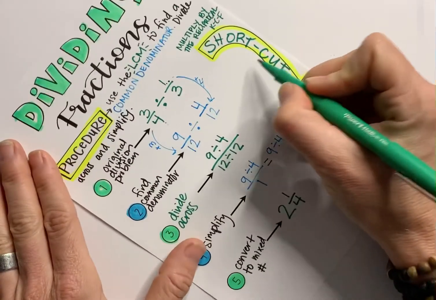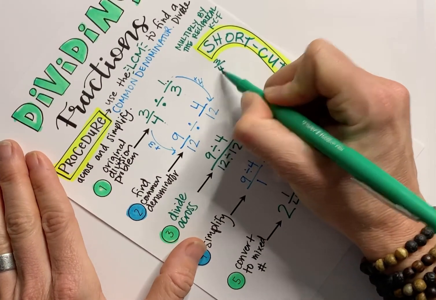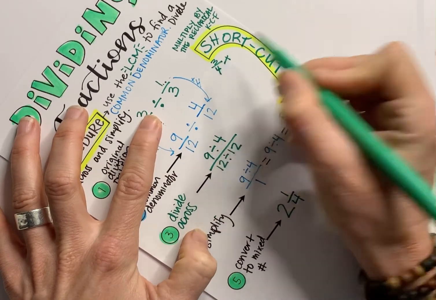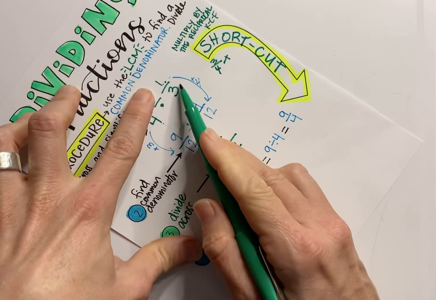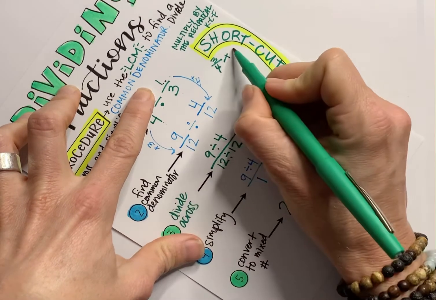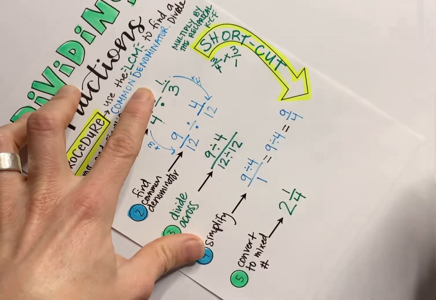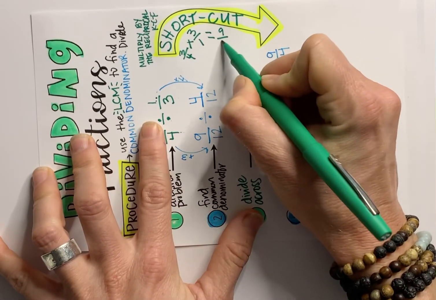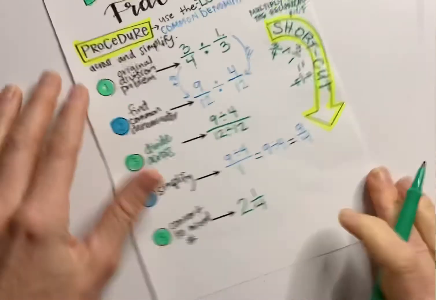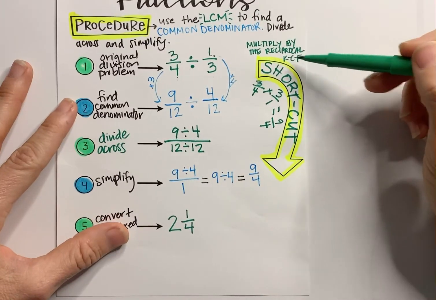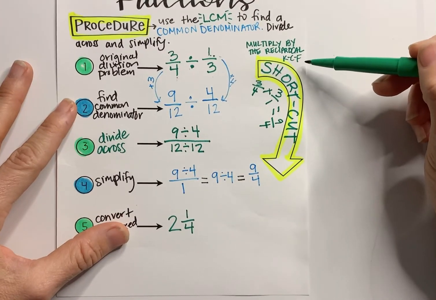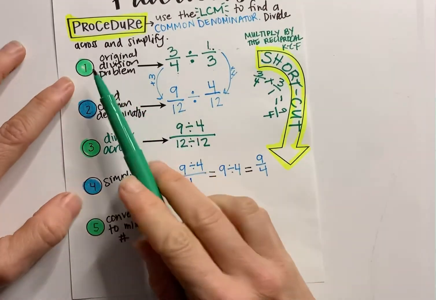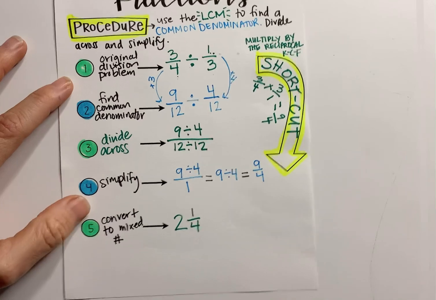So it looks like this: 3/4, change the division to multiplication, and find the reciprocal, so that 1/3 becomes 3/1. And that equals 9/4. So that multiply by the reciprocal, or keep, change, flip algorithm that you know, is just a mathematical shortcut to bring you all the way from step 1 to the end of step 4.